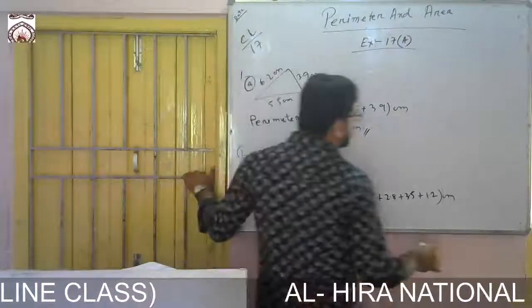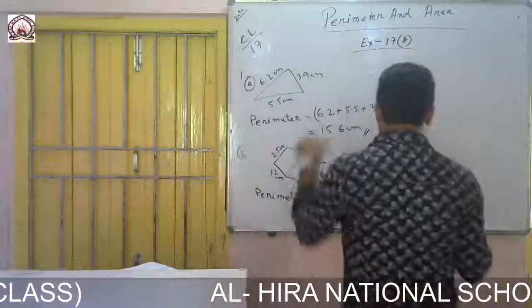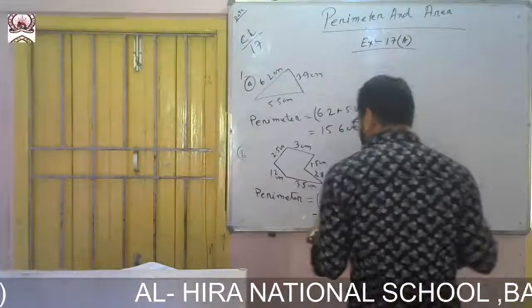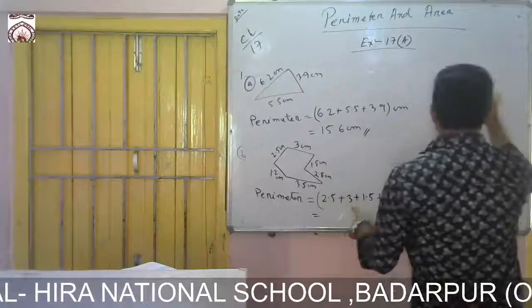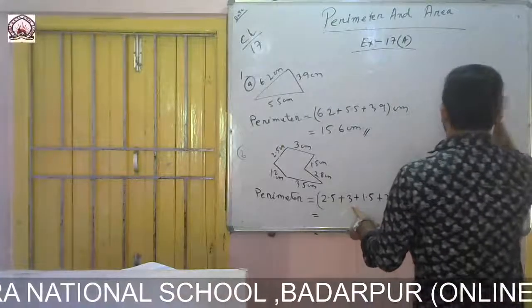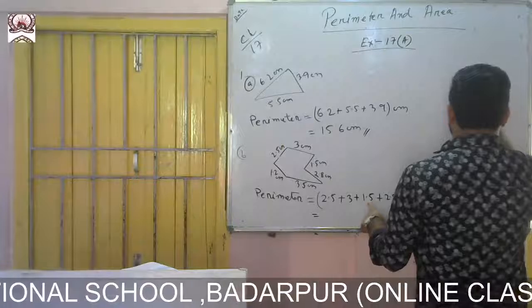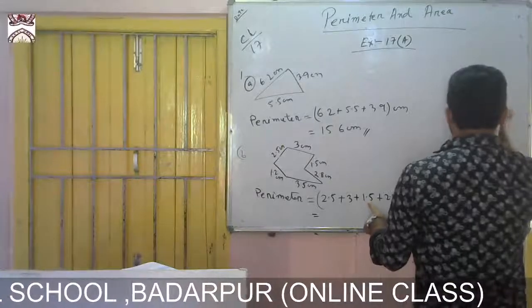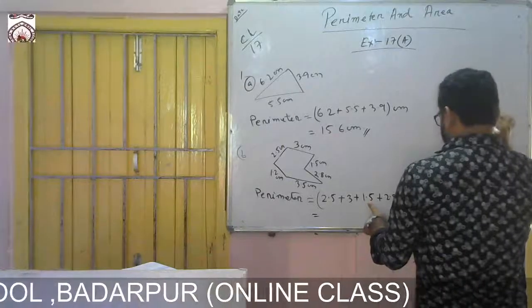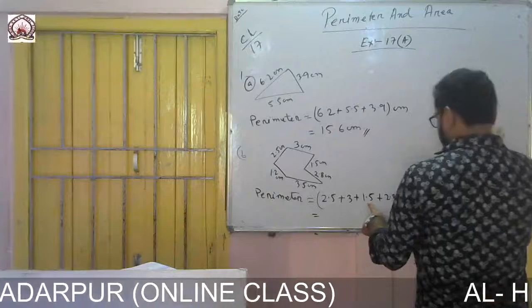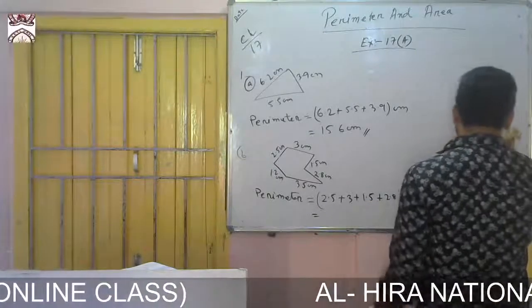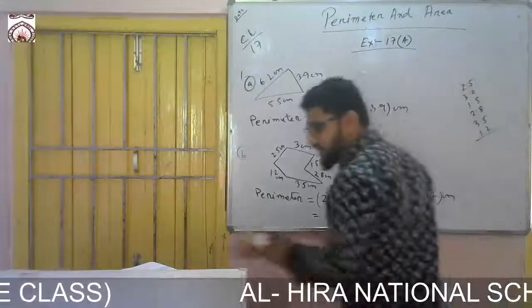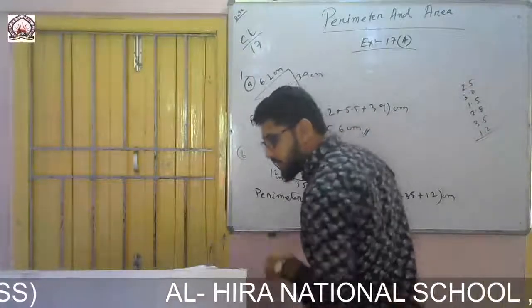So add here. Okay. So if you add, you will get 2.5 plus 3.0, that means 3, plus 1.5, 2.8, then 3.5, and 1.2.